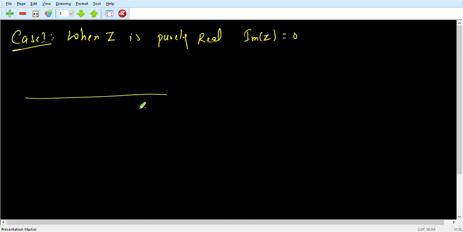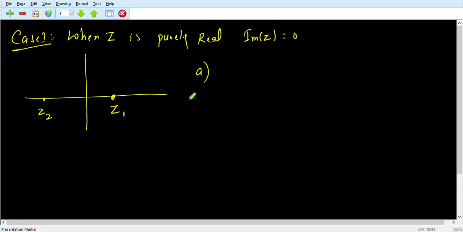So in this case the complex number will lie somewhere here or somewhere here. If this is the complex number z1 and this is the complex number z2, then in the first case there are two possibilities.